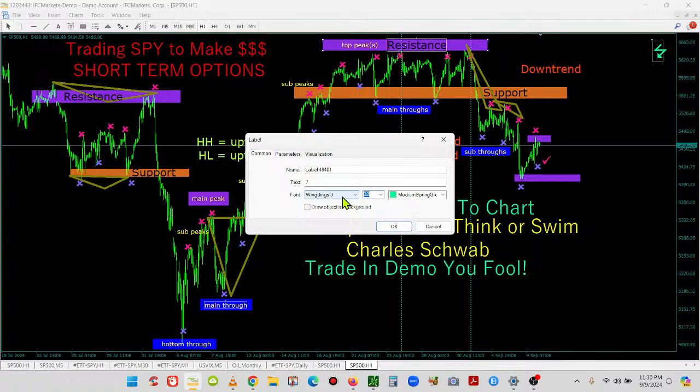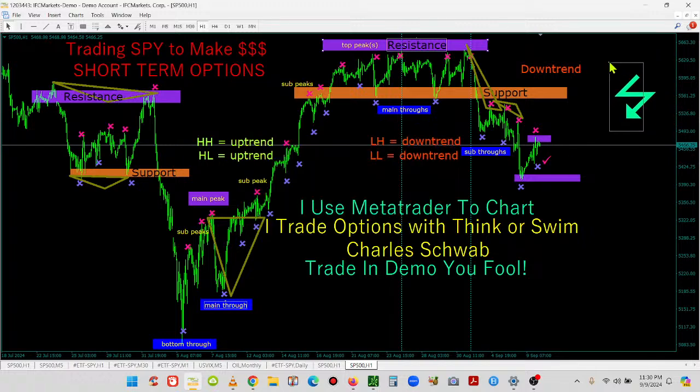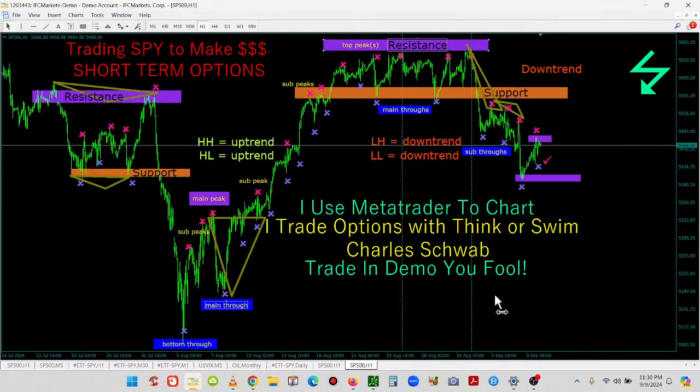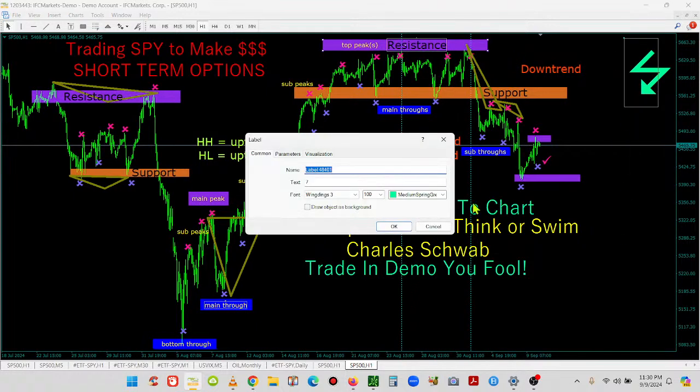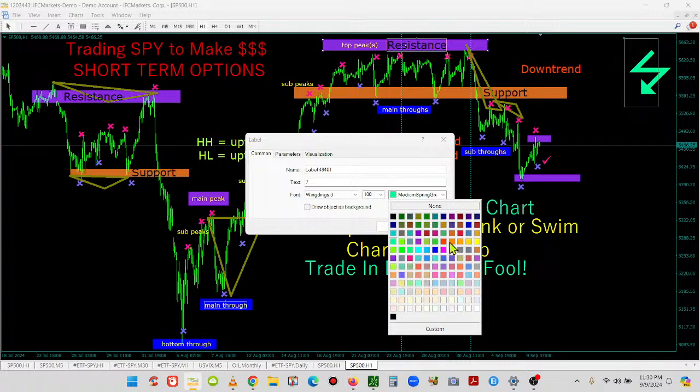So it says max. Let's put 100. Oh man, that's bad. That is bad. We are Wingdings. We are Wingdings text 7. That's our symbol. And I'm just going to make this up.